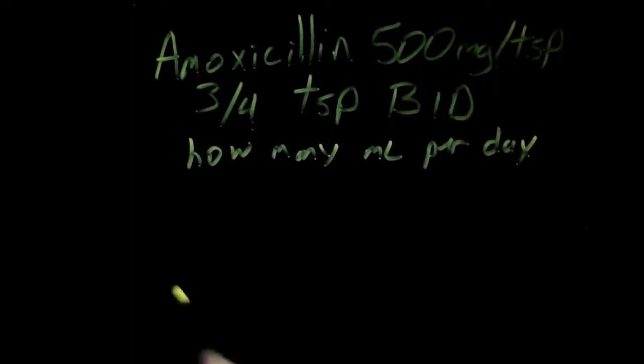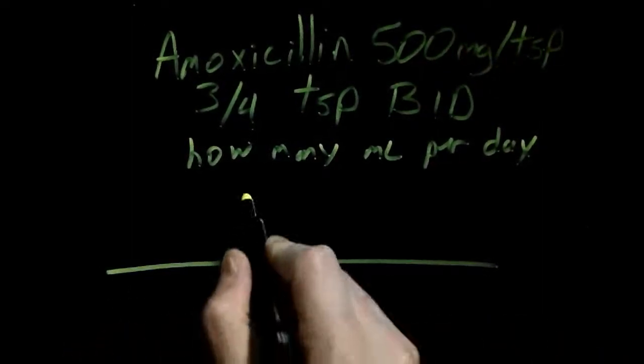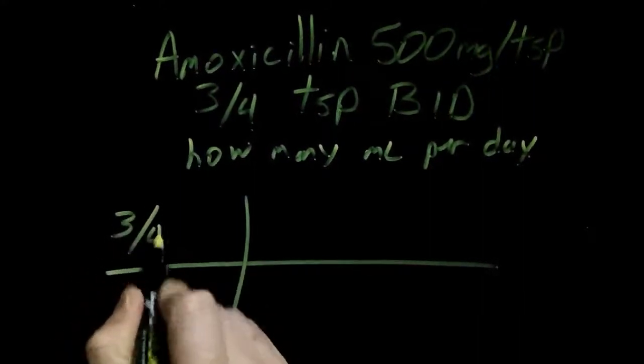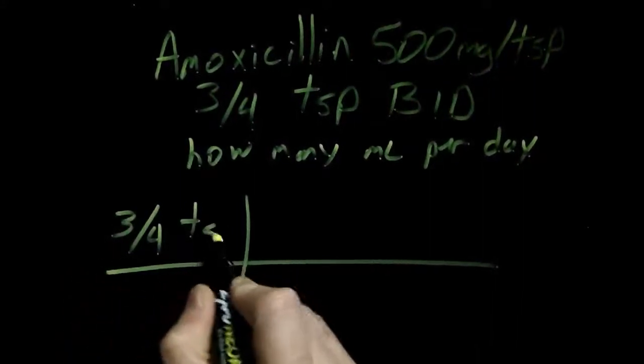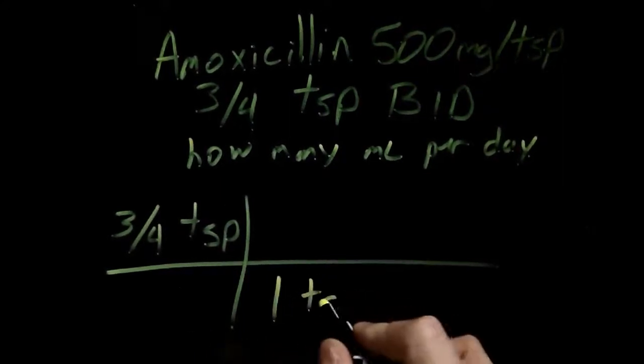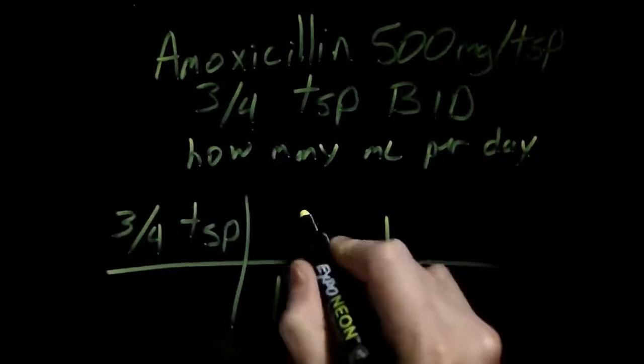So what I'm going to do is I'm just going to start out with writing our little factor label crisscross here. And I'm just going to write 3/4 of a teaspoon because that's what it's asked for. I know I'm going to have to convert this to milliliters, so I need to put an equality right here. An equality that uses milliliters and teaspoons is 1 teaspoon per 5 milliliters.